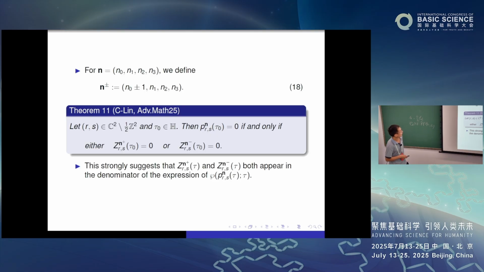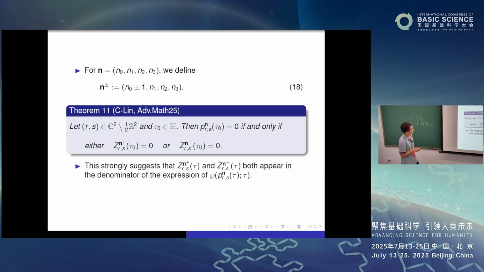So for general n, although we cannot write down the expression of this function, we can prove that PRSN tau 0 equals 0 if and only if tau 0 is either a zero of this ZRS n plus, where n plus is n0 plus 1, or a zero of n minus, where n0 is minus 1.